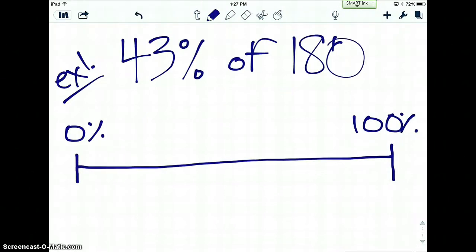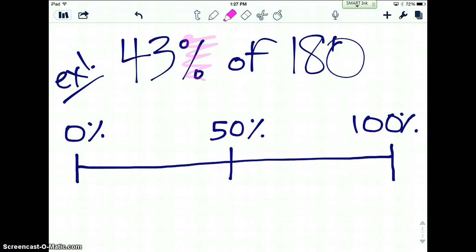I've drawn my line 0 to 100% because we're working with percents. So I want to draw out a number line and have it be dealing with percents. And then on there, to prepare for this problem, I'm going to go halfway because I know halfway between 0 and 100% is 50%.